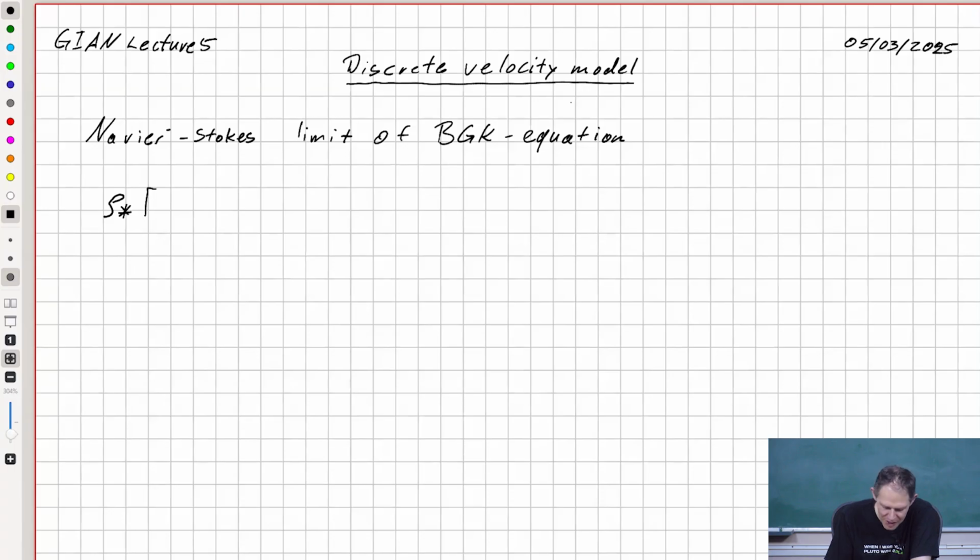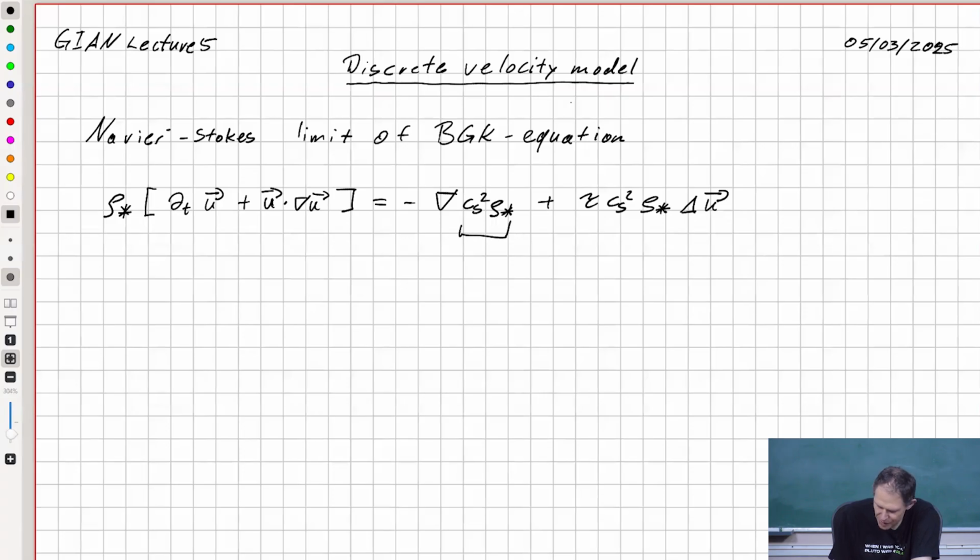Now I put a rho with this asterisk, meaning the rho as you know it, so the density of the fluid, kilograms per cubic meter, into the time derivative of u plus u dot nabla u is equal to minus the gradient of the speed of sound squared times the density plus tau times the speed of sound squared times the density into Laplace u.